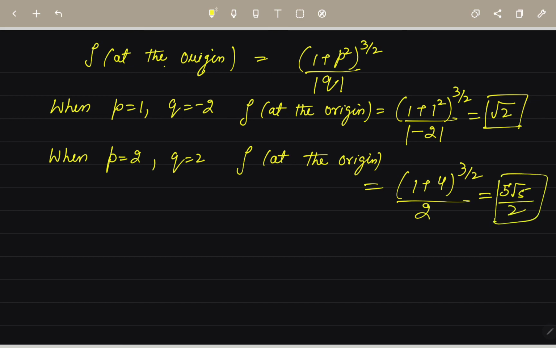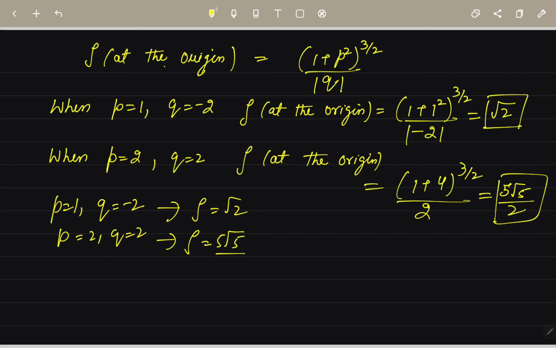So these are the radii of curvature of the curve at the origin: for p equal to 1, q equal to minus 2, rho is root 2, and for p equal to 2, q equal to 2, rho is 5 root 5 by 2.